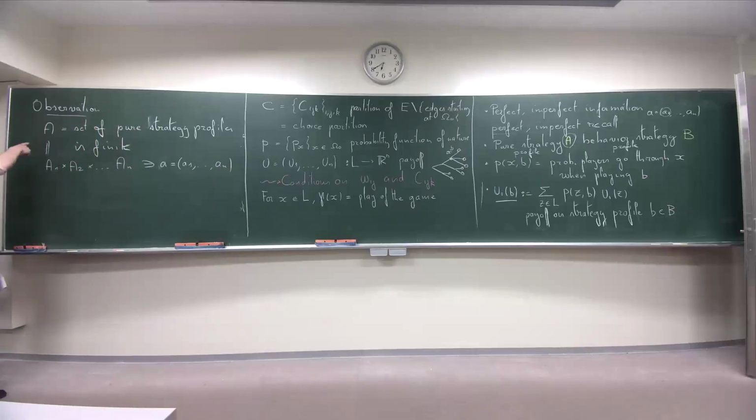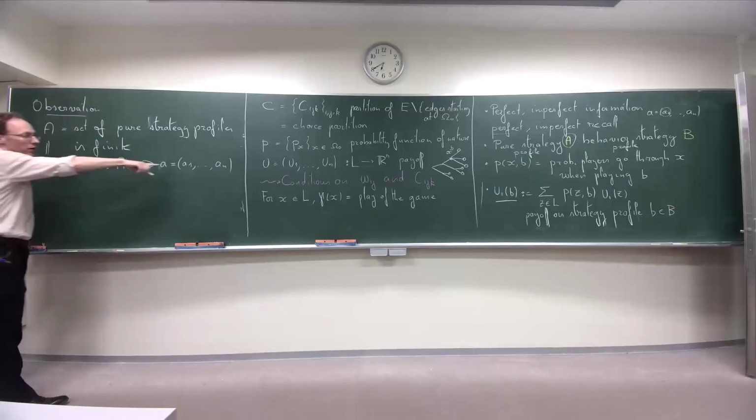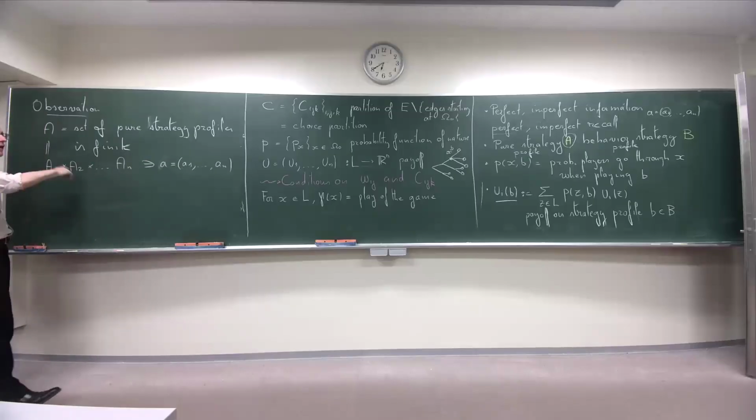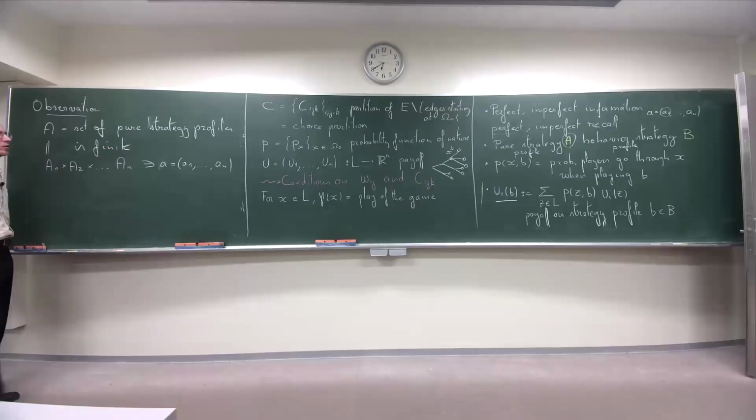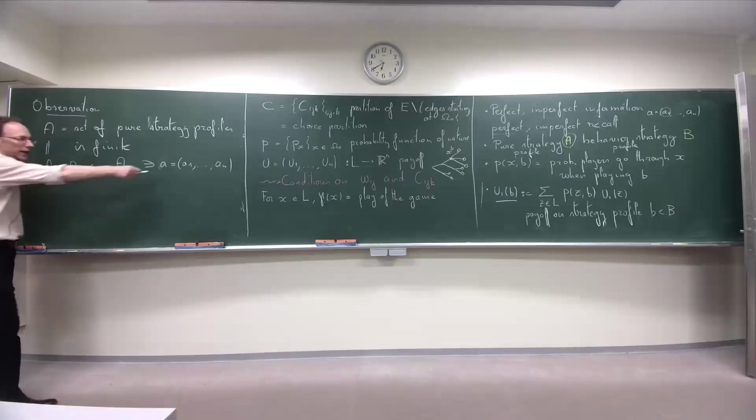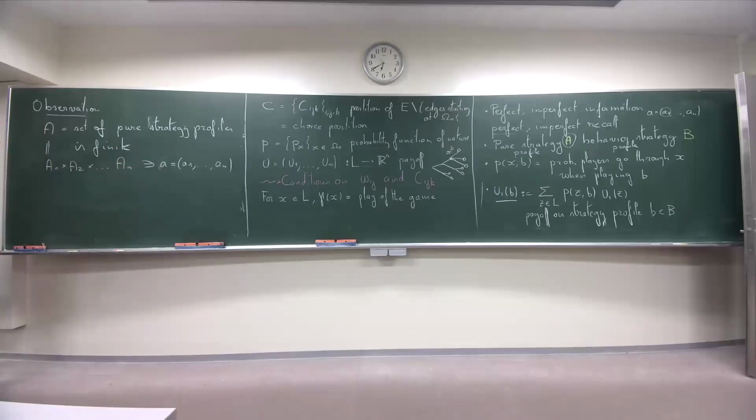Each element in A is made of the pure strategy for the first player, the pure strategy for the second one, and up to the pure strategy of the last one. So we have this set which is finite and made of strategies for each player.